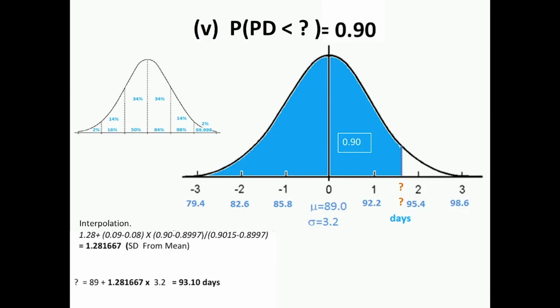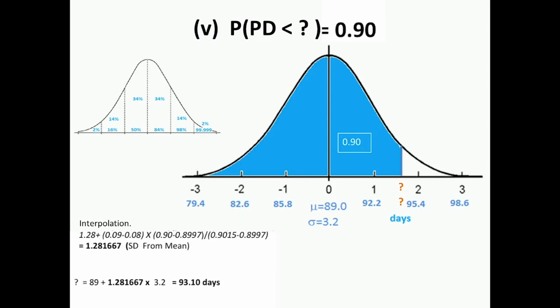So, the duration is 89 plus so many standard deviations multiplied by the standard deviation, and we get 92.87 days as the duration within which I have a 90% chance of finishing the project.